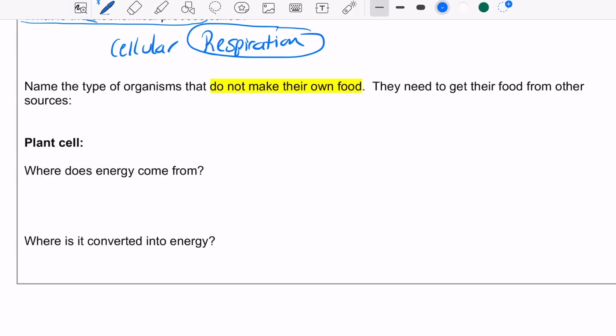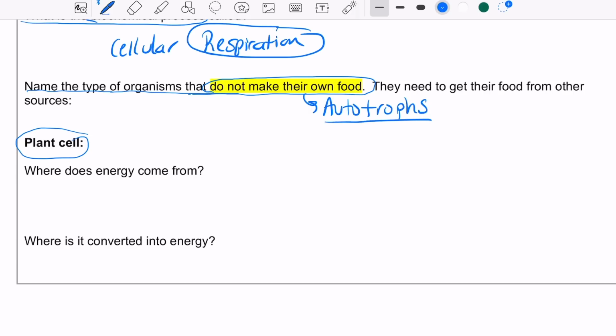But what about plant cells? Name a type of organism that does not make its own food.